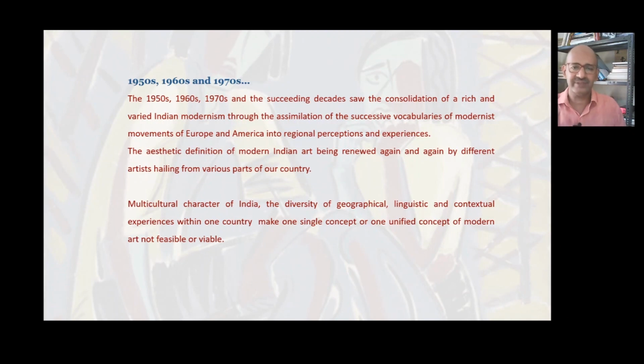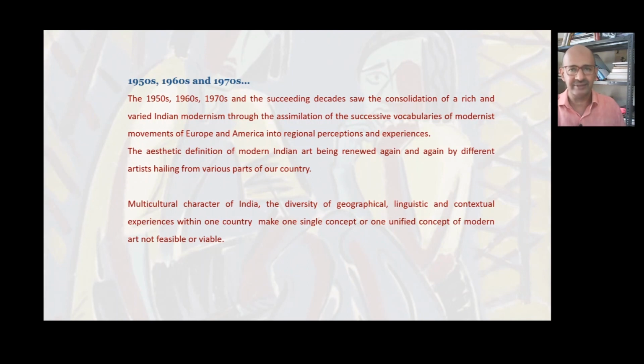Now, the aesthetic definition of modern Indian art being renewed again and again by different artists hailing from various parts of our country is also important, because here we are suggesting the value of multiplicity and multiculturalism.